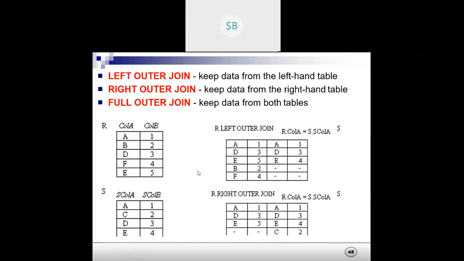Okay. So what happens? Whatever data is present in the left table will obviously appear here, and also the data present in the right table will appear, but only for the tuples that match the criteria. That is the intersection.